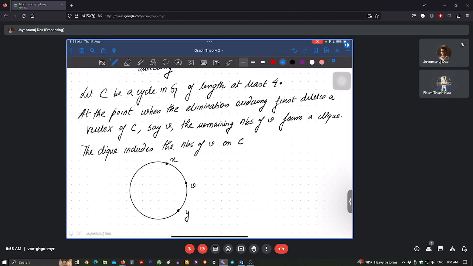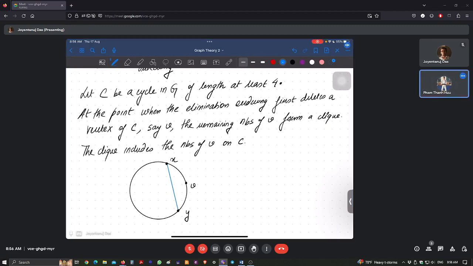Now since V is the first vertex in the elimination ordering that is deleted from the cycle, X and Y and other neighbors are somewhere else. At least these two neighbors are there. Since it is a clique, there should be an edge between X and Y, right?